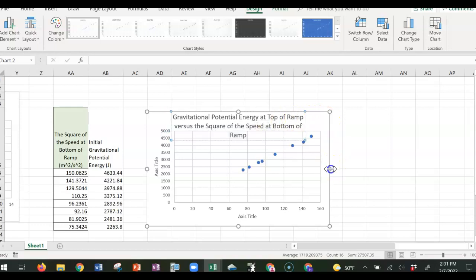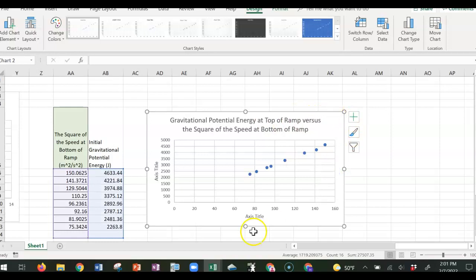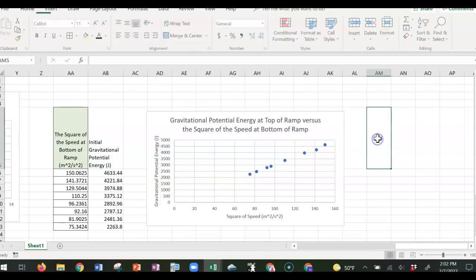Okay, and so this is the square of speed, in meters squared over seconds squared, and this is the gravitational potential energy in joules. Okay.